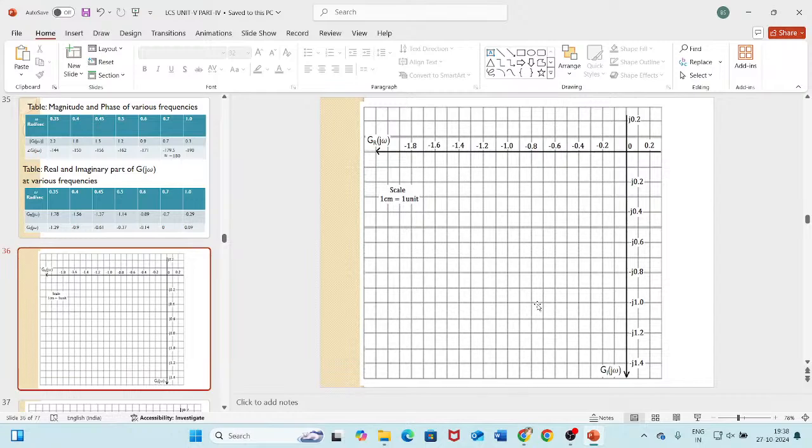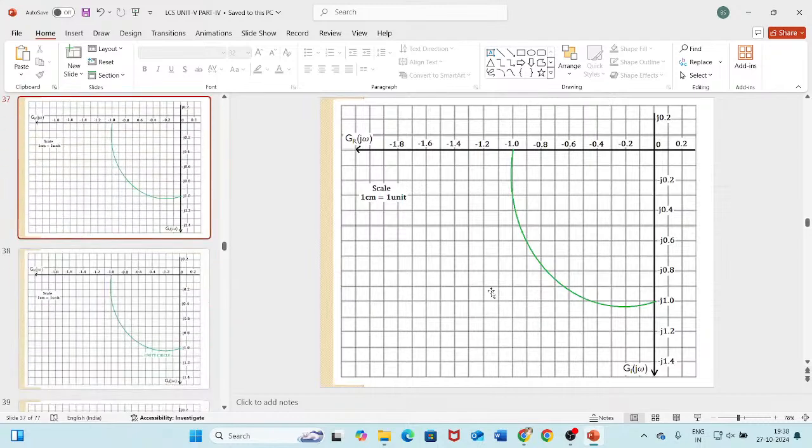Okay, I'm going to the next slide. Now you can see here one is there, here one is there. Take a compass and draw a circle from this one to this one.